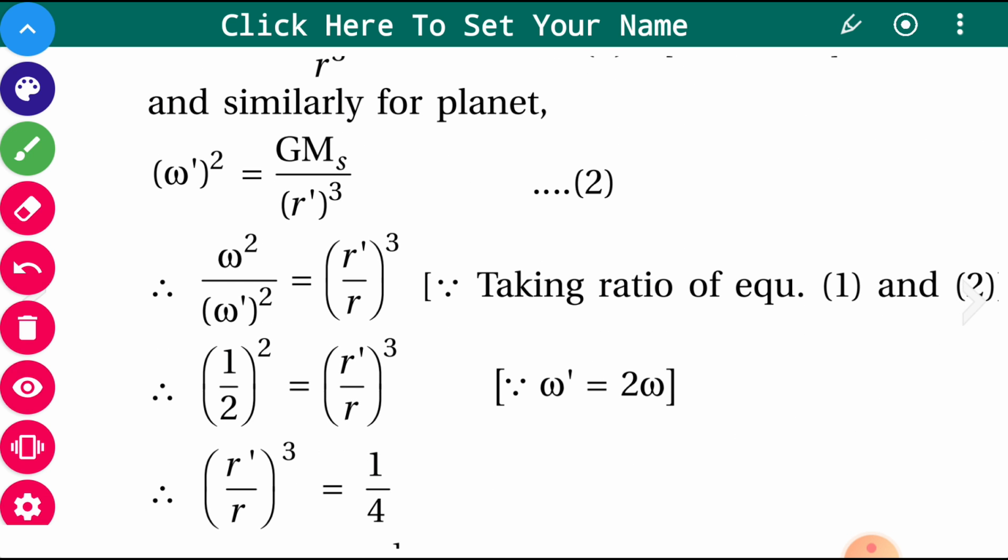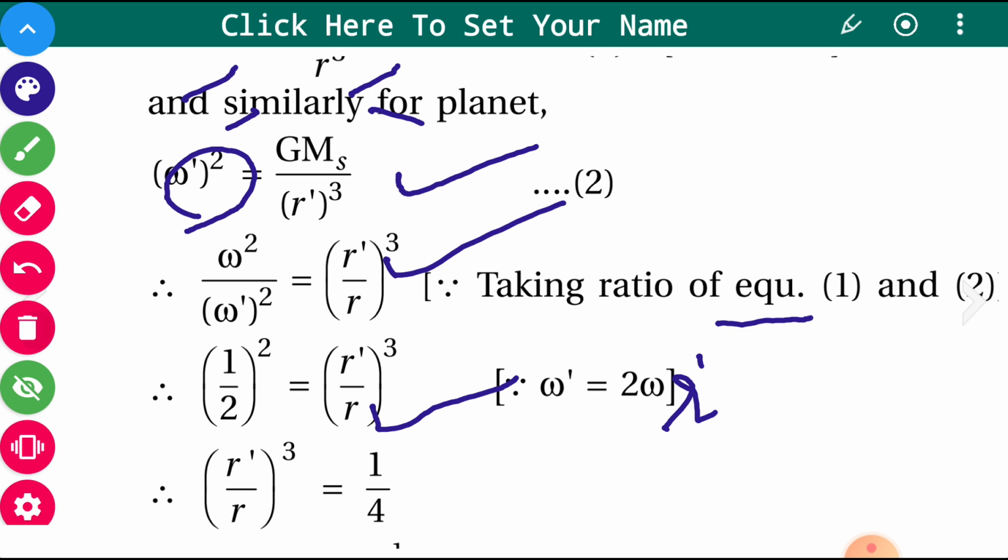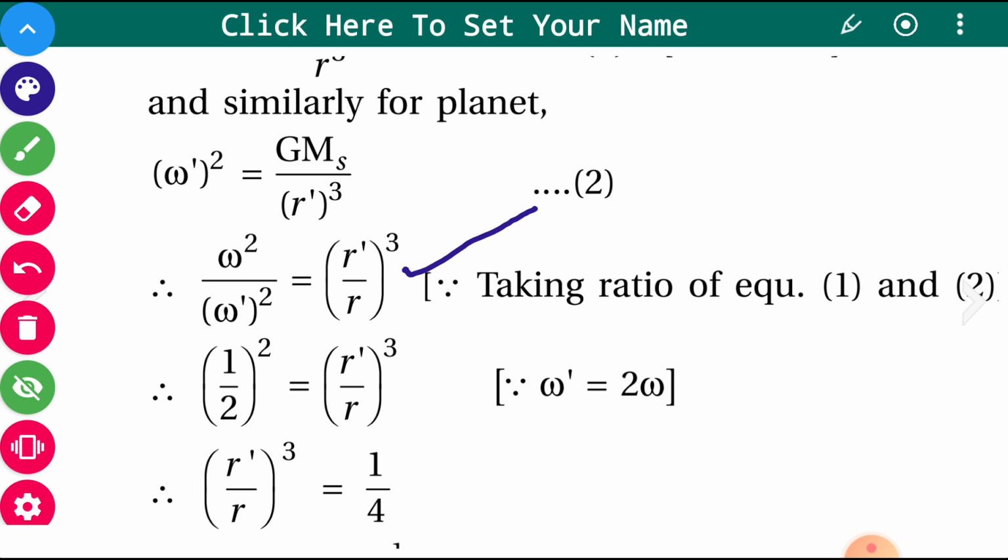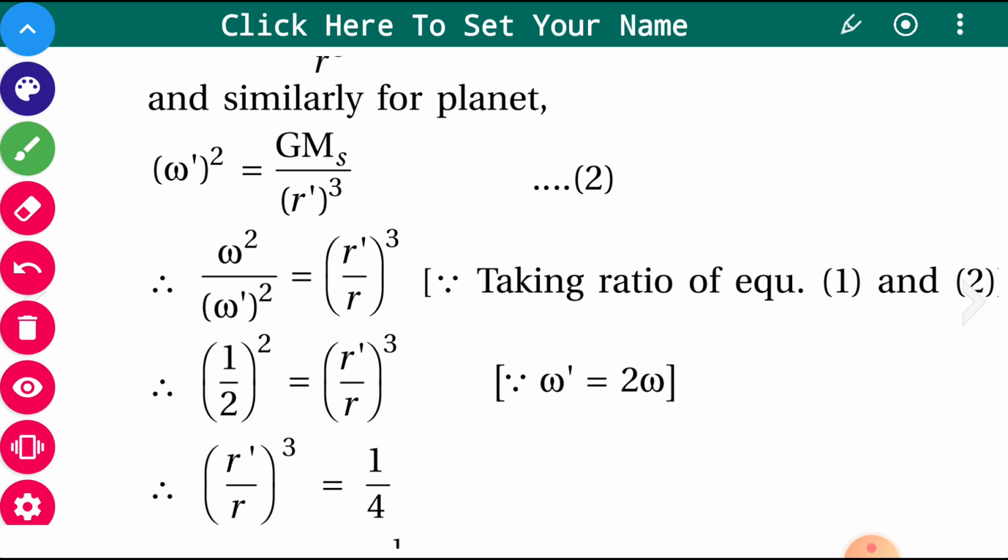Now we just take the ratio of omega square upon omega prime square, then it will become r prime upon r whole raised to cube. You can understand this very easily. Now it is given to us that omega prime is equal to 2 times omega.